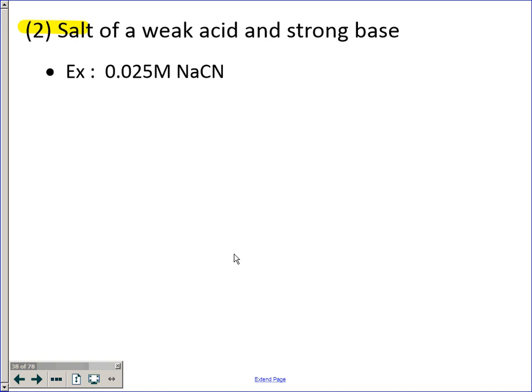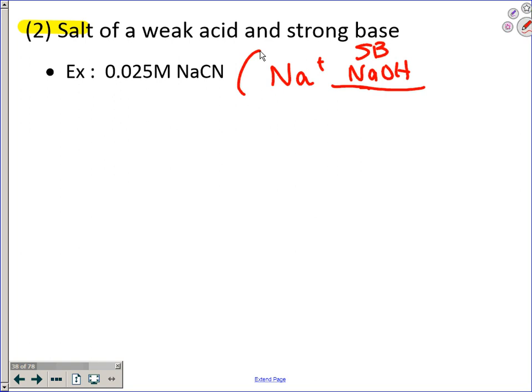So we're dealing with a salt. How do I know this is a salt? 2 ions, right? So it's 2 ions, which are non-H's and non-OH's. So we know it's a salt because it's basically an ionic compound. And we know it's a salt of, in this case, sodium ion, which came from sodium hydroxide, which is a strong base, and cyanide, which came from cyanic acid, which is a weak acid.